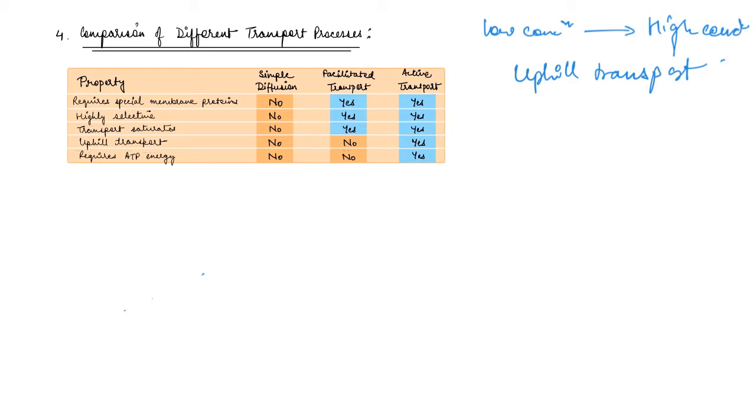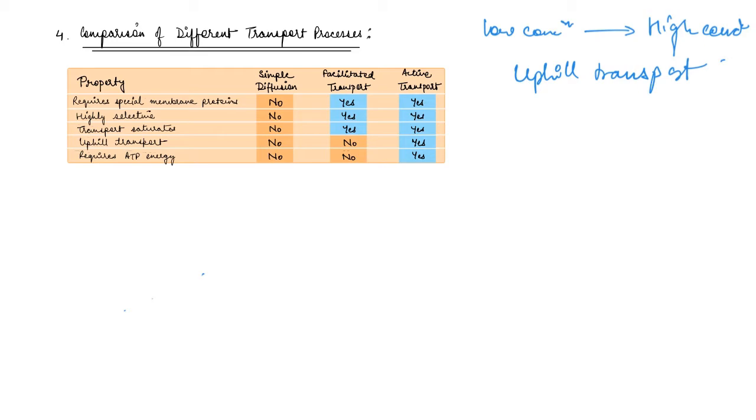So yes, facilitated transport and active transport saturate, but simple diffusion doesn't. Uphill transport happens only in active transport, from low concentration to high concentration. It is not done in either simple diffusion or facilitated diffusion. Requires ATP? Simple diffusion and facilitated diffusion don't require ATP, but active transport does require ATP, right? It happens only with the help of energy.